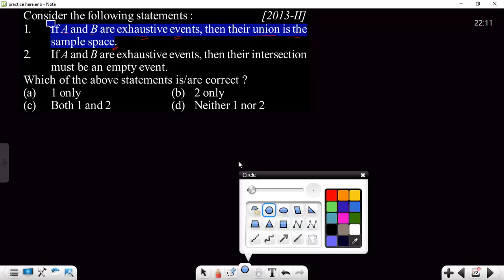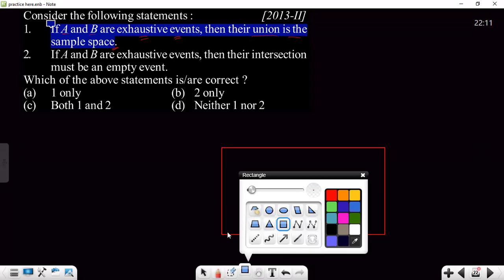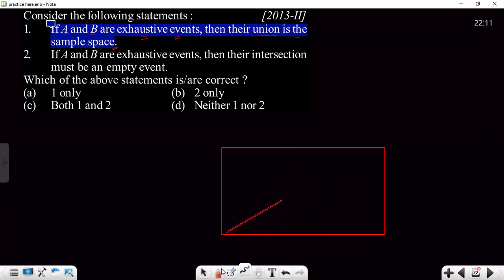So if this is the universal set, then exhaustive sets will be written in such a manner. This can be A set, this can be B set. These two events are covering the whole of the universal set.